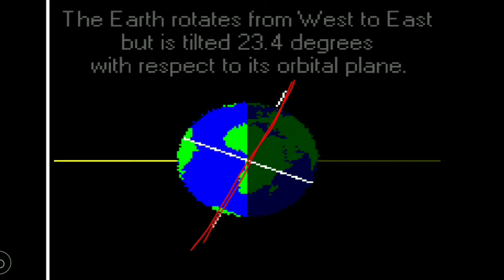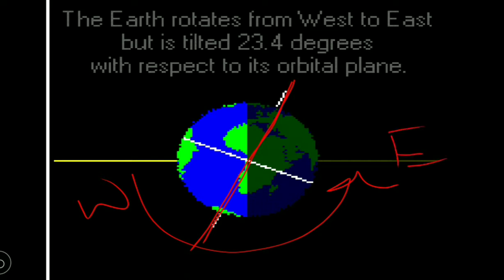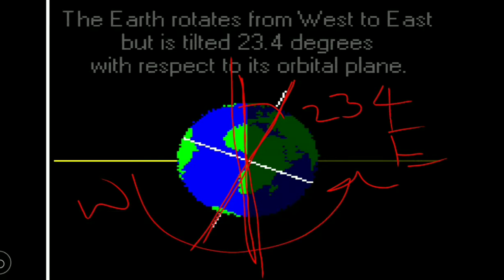The earth rotates from west to east, but it is tilted towards the sun at 23.4 degrees. So this is the perpendicular line. From the perpendicular line it is tilted towards the sun by 23.4 degrees. So this is the axis and the tilted degrees of the earth.